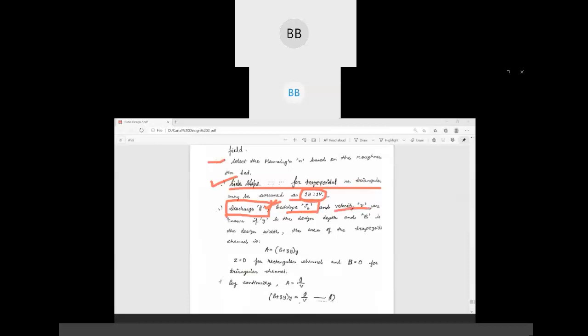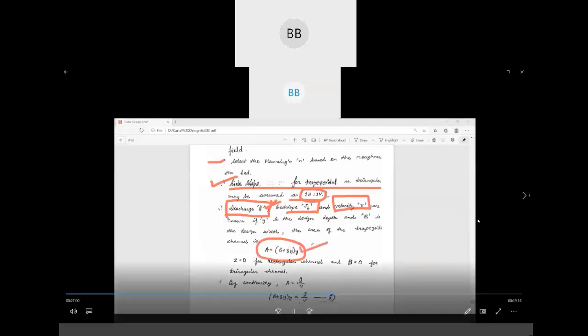Then we have to find out the velocity. Then we have to take the area equation, similar to the previous numericals that you have solved. Then ultimately we have to find out the y value.